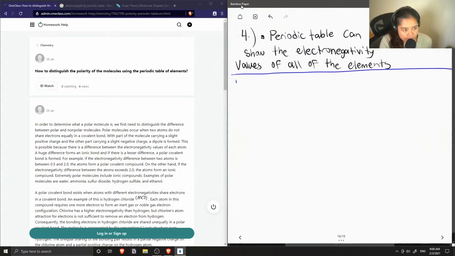So for example, we can have a nonpolar covalent bond.